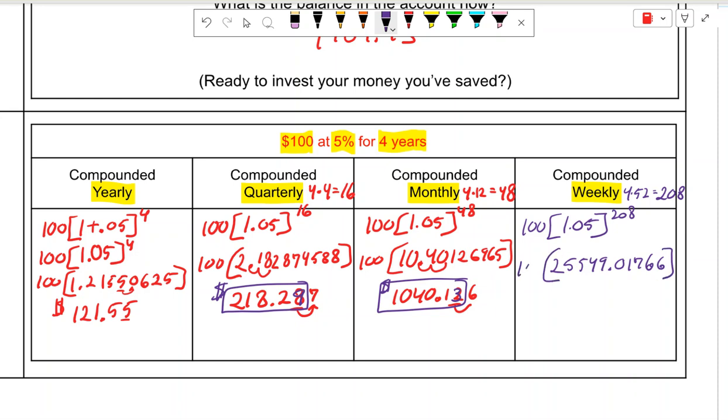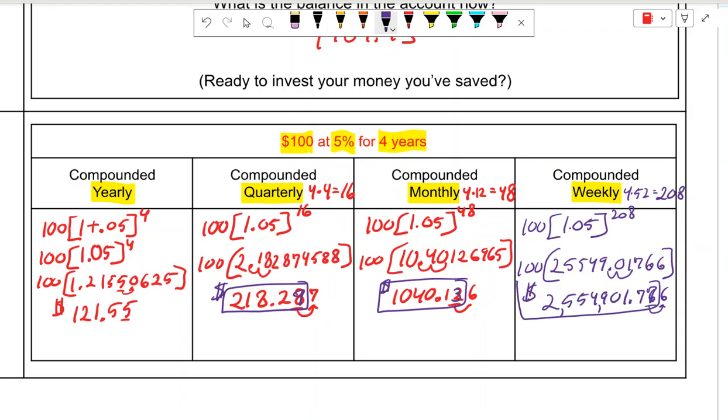I'm going to multiply that by 100, which sends my decimal point twice. And now I write down the new answer. And take a look at that. $2,554,901, and not 76 cents, but 77 cents.